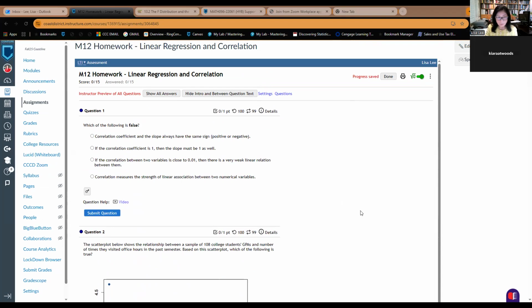So this concept question is asking which one is false. We have to see which one is wrong. Don't choose the one which is right, because sometimes we just click the one we think is right.